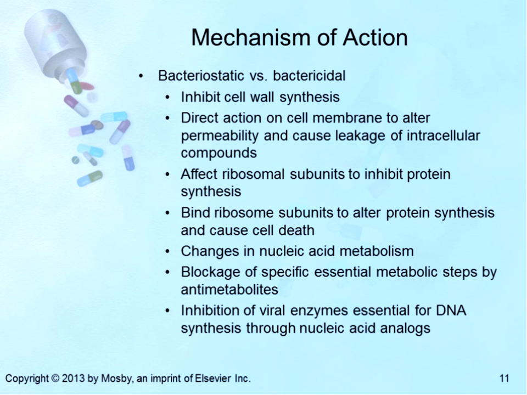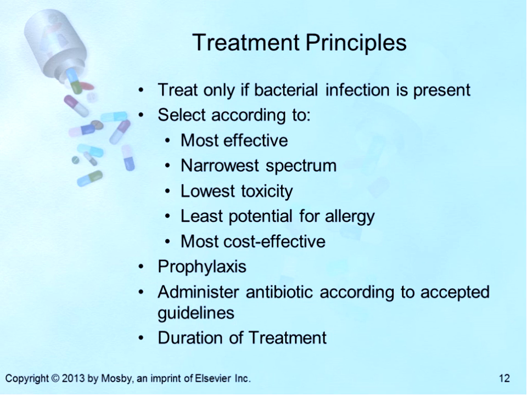For example, the bactericidal actions of sulfa drugs and trimethoprim. And finally, inhibition of viral enzymes essential for DNA synthesis through the nucleic acid analogs that produce bactericidal activity. These are the many mechanisms of action, either bacteriostatic or bactericidal.